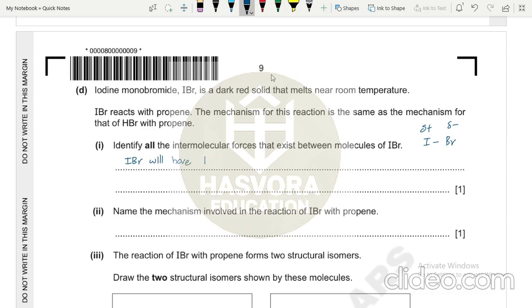So IBr will have temporary dipole forces because of its electrons, and due to the difference in electronegativity it will have permanent dipole as well.